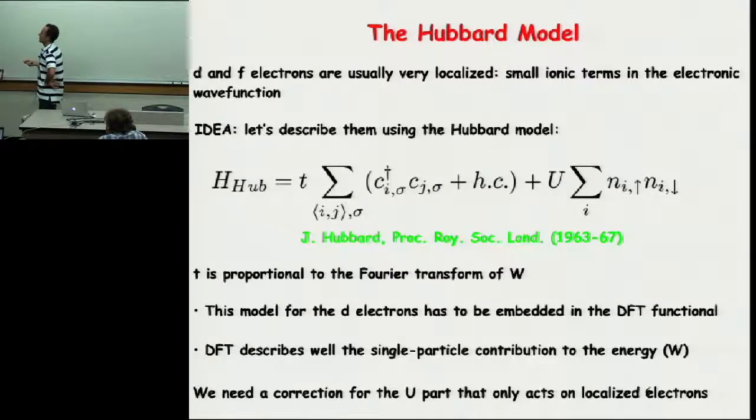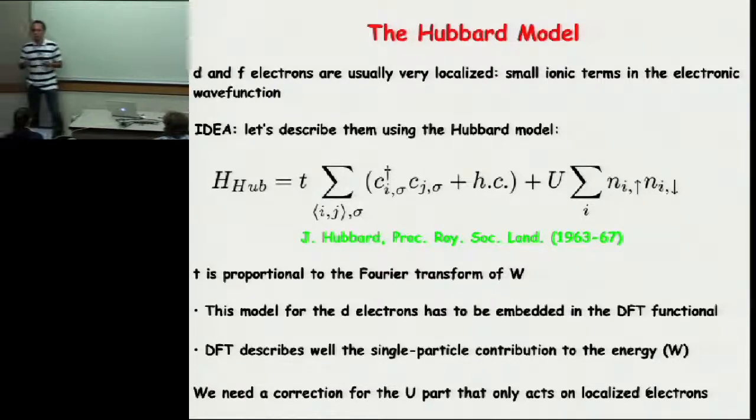And then you have this term, the on-site interaction, that is an energy penalty. This U is a positive parameter, and it's an energy penalty for having double occupation of the same atomic site. So this is how, basically, we discourage double occupation of atomic sites.